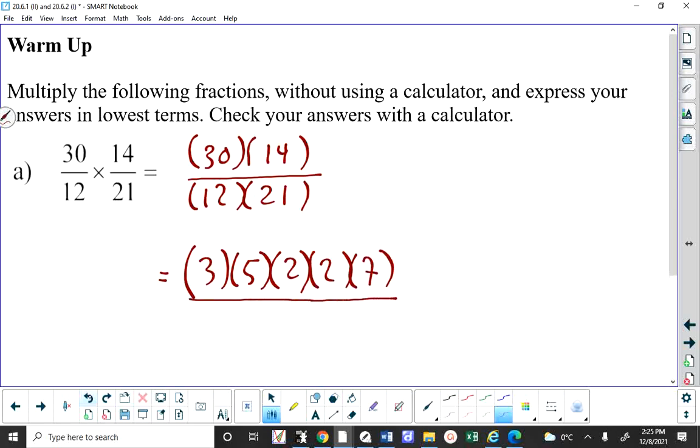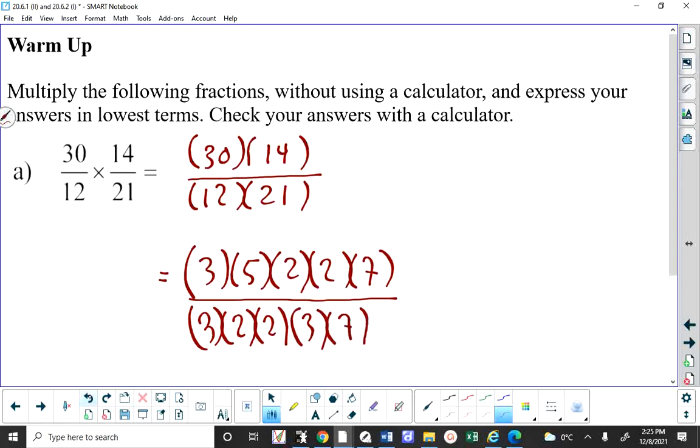On the bottom, 12, and honestly, everybody, if I gave you these fractions, this is not how you would simplify this. We're learning this because this is how it would work with numerical fractions, so we can do the same approach with algebraic ones. The 12 is 3 times 4, but 4 is 2 times 2. So 12 is 3 times 2 times 2. 21 is 3 times 7.